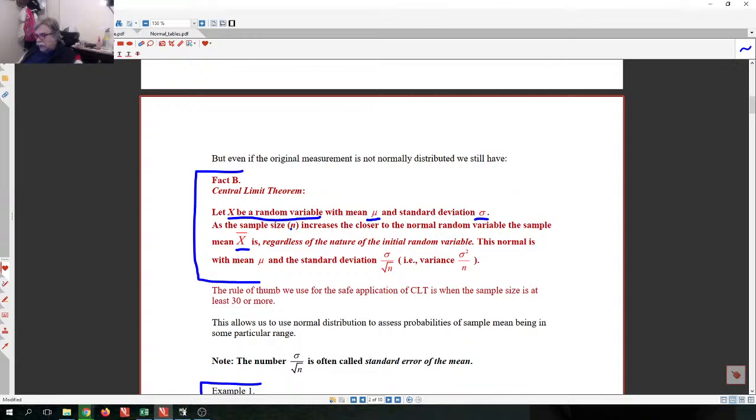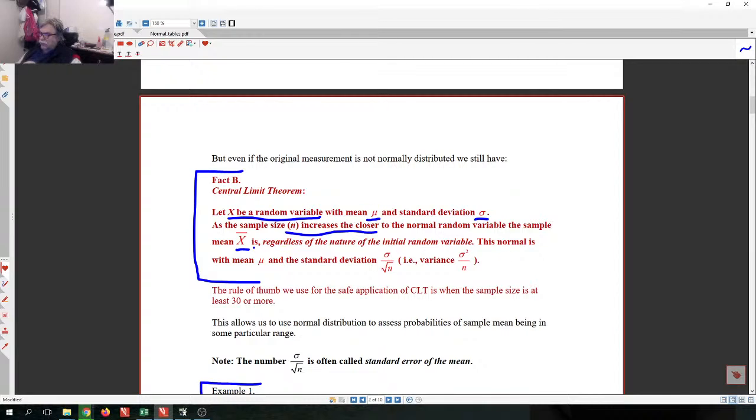As long as you can get a large sample, as long as the n increases, then you're going to get this guy approximately normal. All right? So you need to have the sample at least 30.